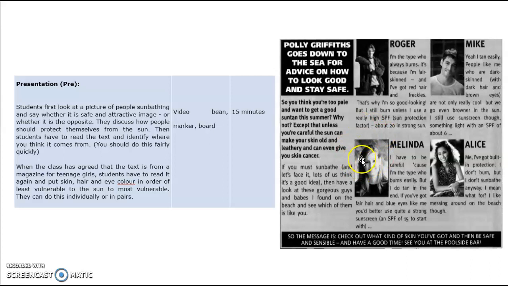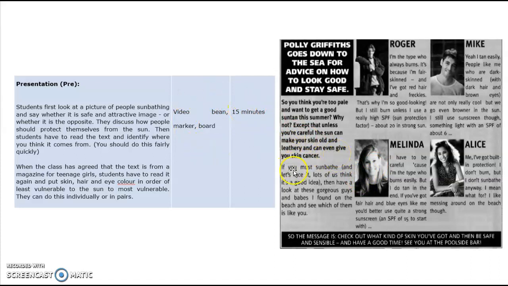They discuss how people should protect themselves from the sun. The students have to read the text and identify where they think it comes from, but it is useful to do this fairly quickly. It is about 15 minutes for this step.